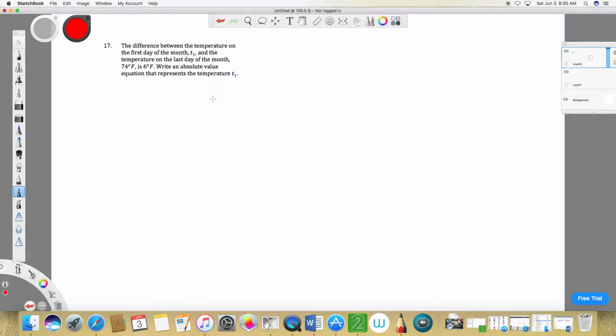So the difference between these two. Well, if I take T1 minus 74, that's going to be the opposite of whatever 74 minus T sub 1 is.